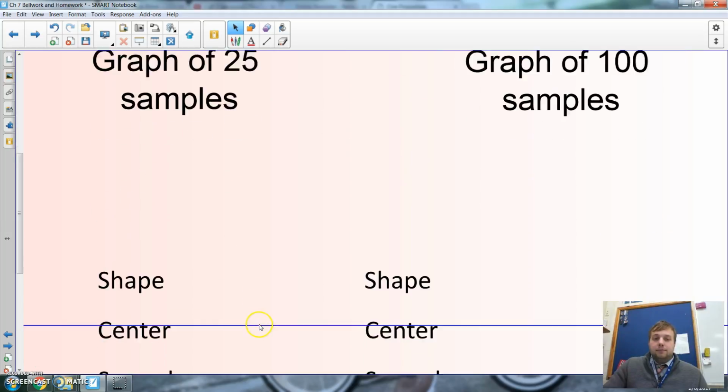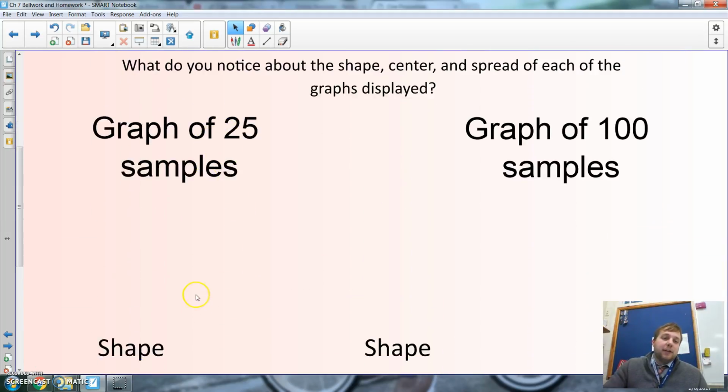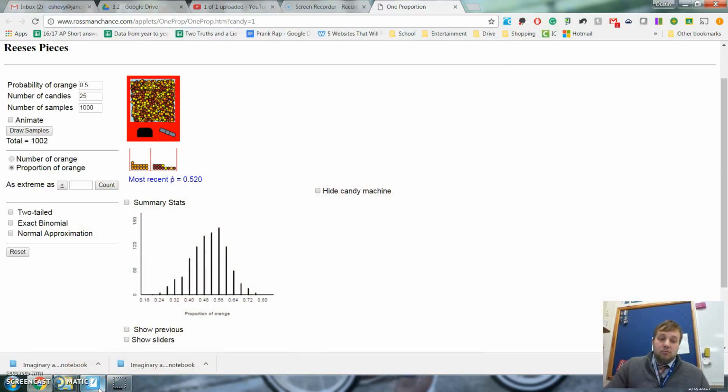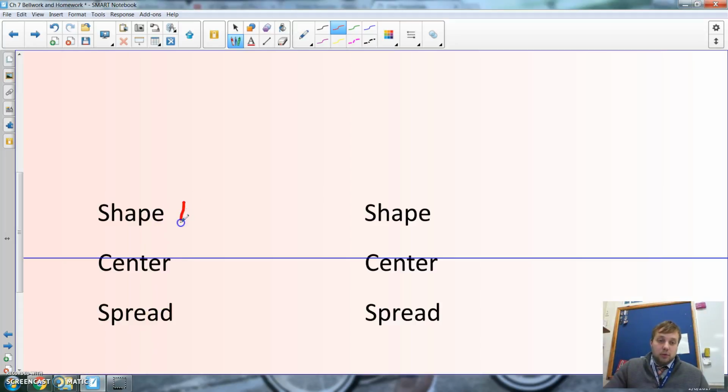All right. What is the shape of my distribution when I only take 25? What would you say my shape is? Well, I would say my shape is normal. Wouldn't you? I would say it's normal. Okay, now the center. Where is the center located?